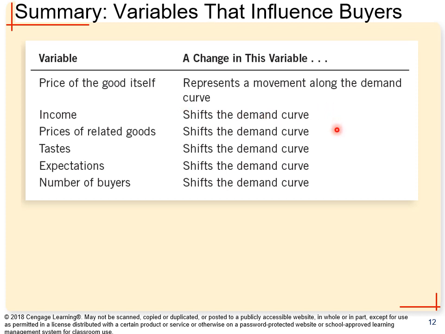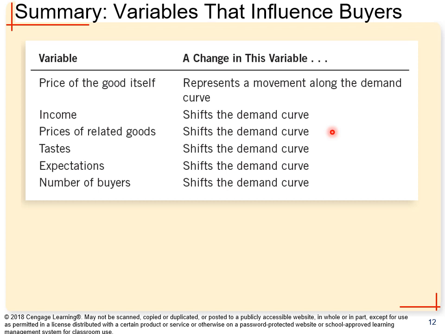Another demand shifter is the price of related goods. If we're thinking about the demand for good X, then we have to think about how changes in the price of good Y will change the quantities demanded for good X. Changes in the prices of another good will shift the demand curve for this good.